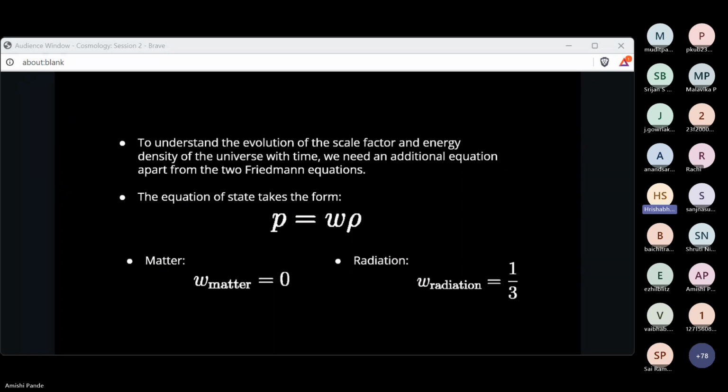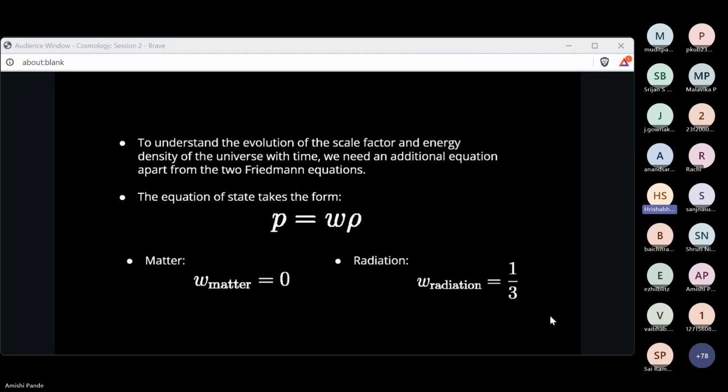That only the equation of state will tell you, because the difference between A, B, and C is that the relation between pressure of A and rho of A, pressure of B and rho of B, pressure of C and rho of C has a different form of equation of state.